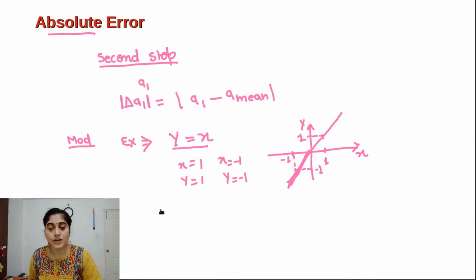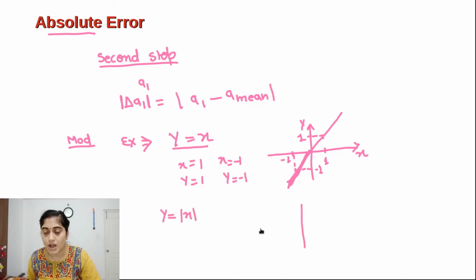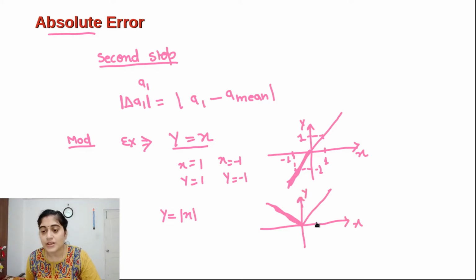But if we take one more equation, y equals mod of x, how can we represent it on the graph? The graphical representation of this equation is like this. Sorry, it's not showing a straight line. Okay, like this. This is the x-axis, this is the y-axis. If we put x equals 1, then y equals 1 only.